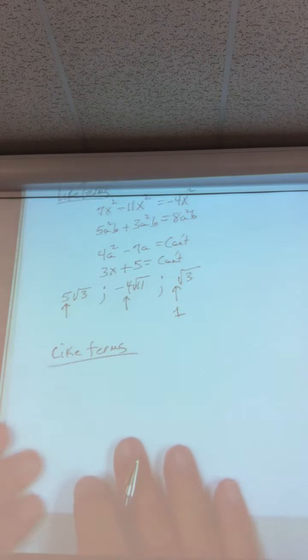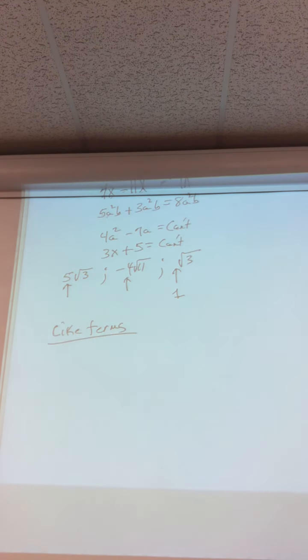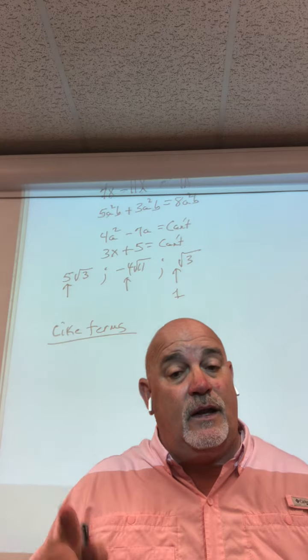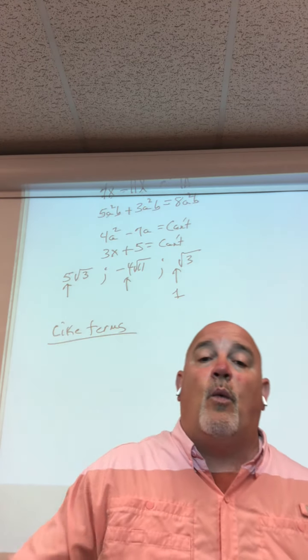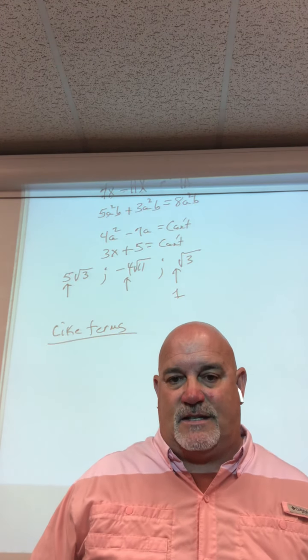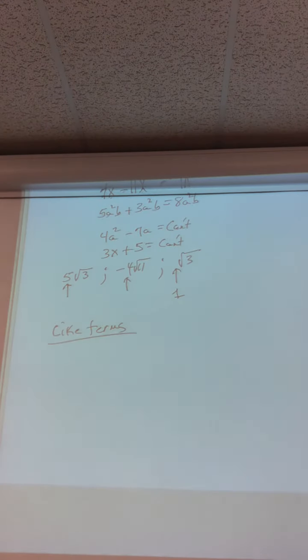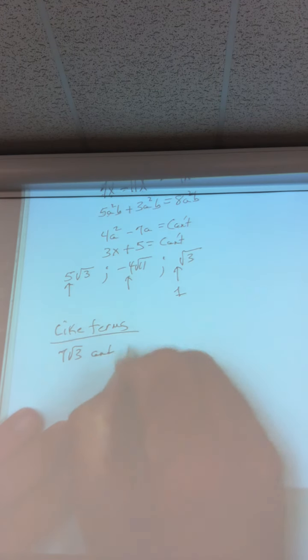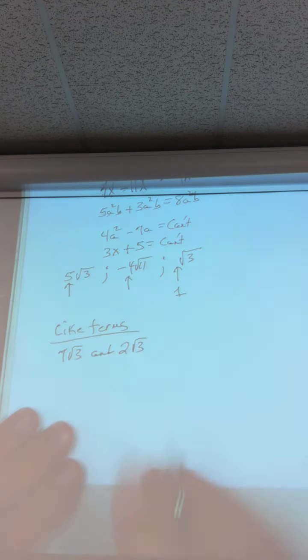So, when you're adding and subtracting with radical terms, they have to be like terms. So here's what that means. It means if one of your terms has a radical in it, the other one has to have a radical in it. And not only does it have to have a radical in it, what's under that radical has to be the same. For instance, question, 7 square root of 3 and 2 square root of 3.